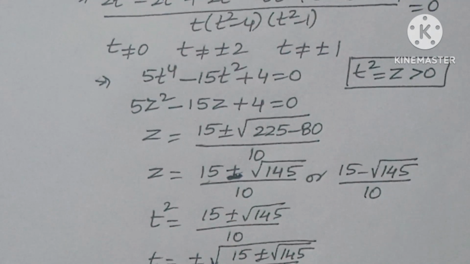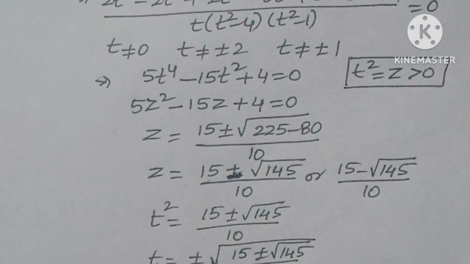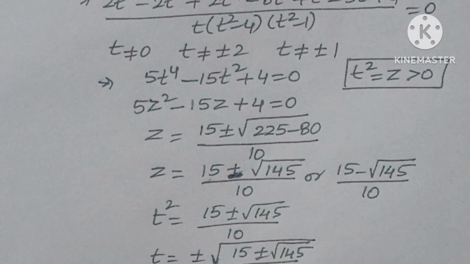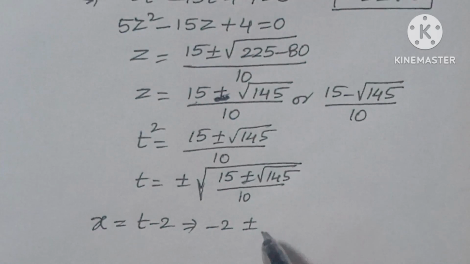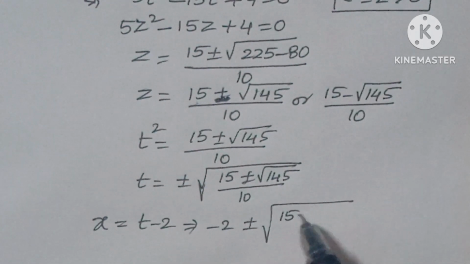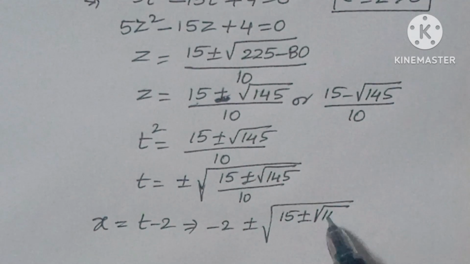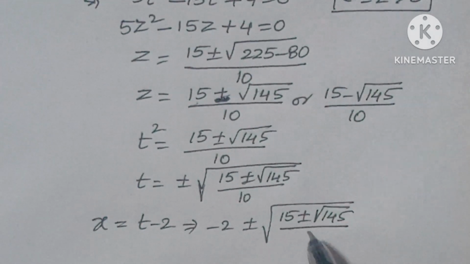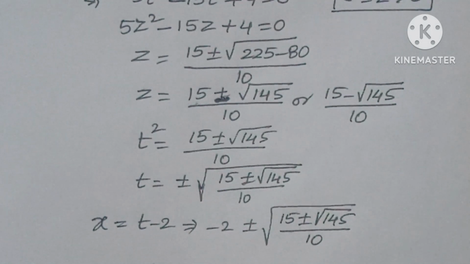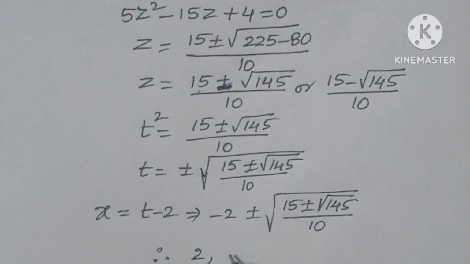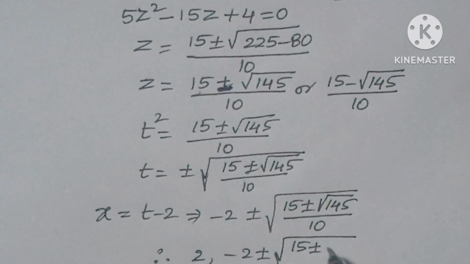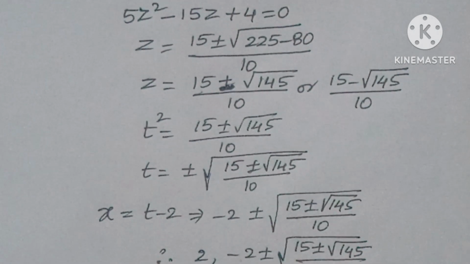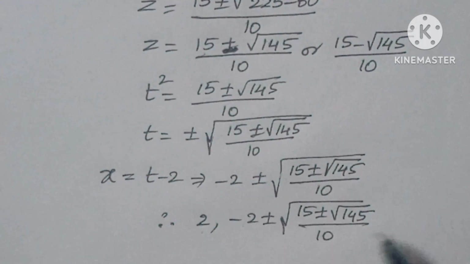X value is t minus 2. So here minus 2 plus or minus square root of 15 plus or minus root 145 by 10. So here the solutions we are getting: 2, and minus 2 plus or minus square root of 15 plus or minus root 145 by 10. Total here 4 values and here 1 value, total 5 values.